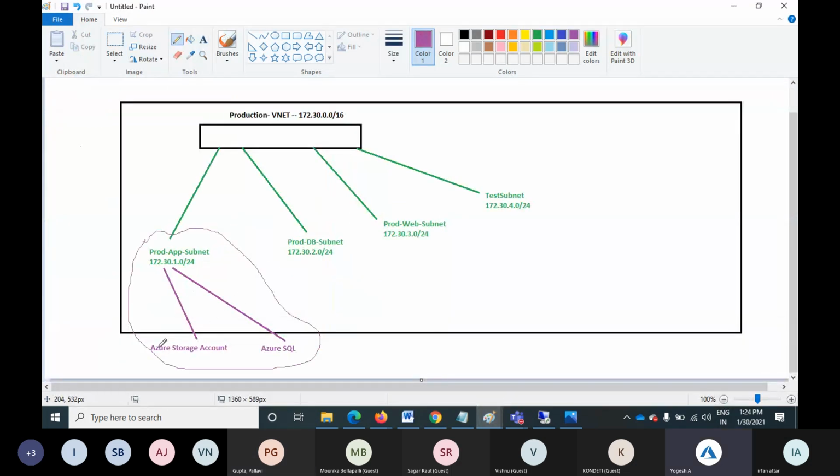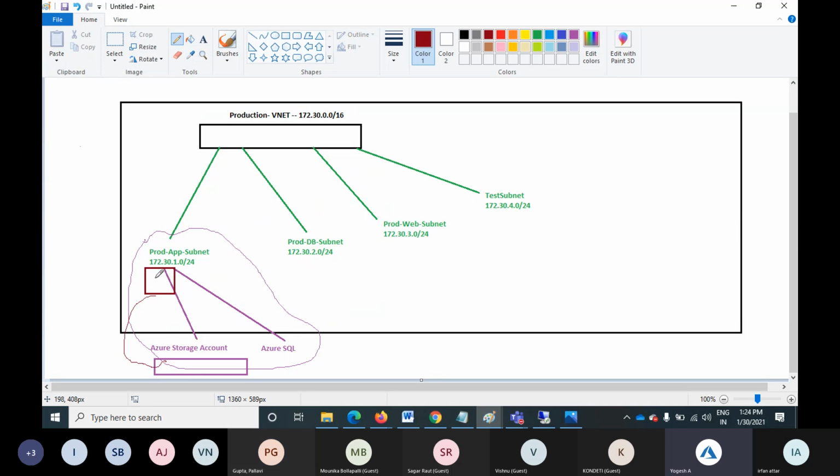Okay, so this is the Azure storage account, and under Azure storage account, this is your storage account, right? So let's take an example, like you have deployed one server here, and that server wants to generate some logs on a storage account. So the server will generate all the logs on the storage account by using the backend connectivity of Azure.